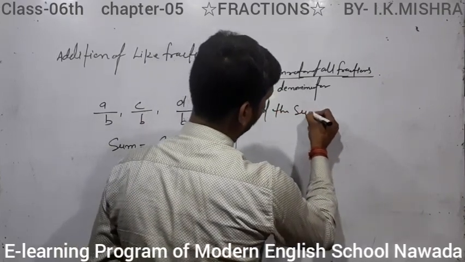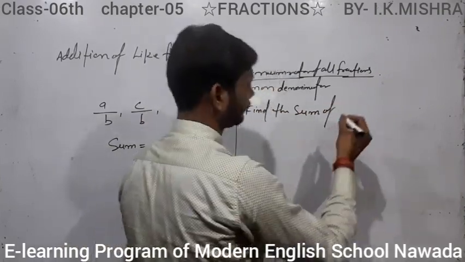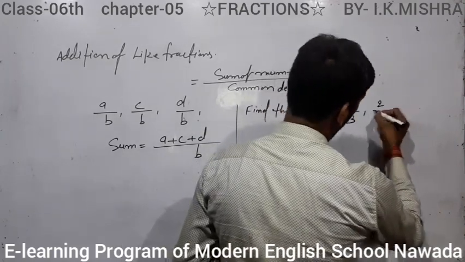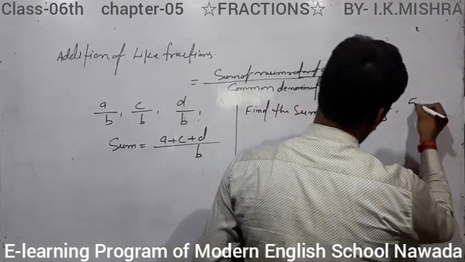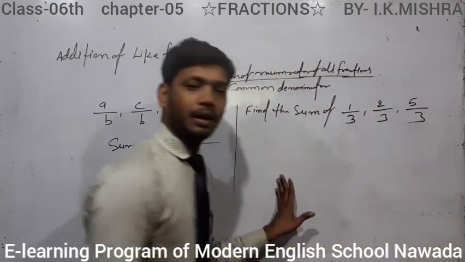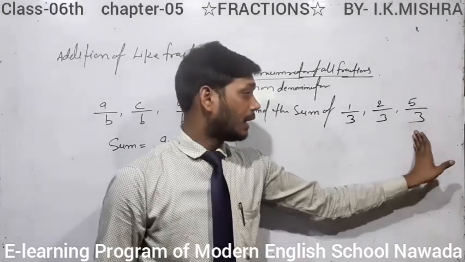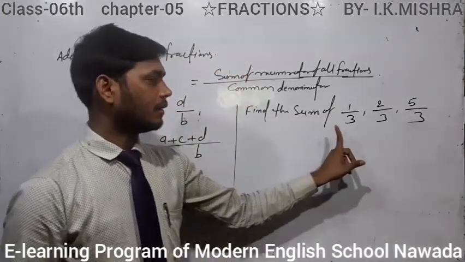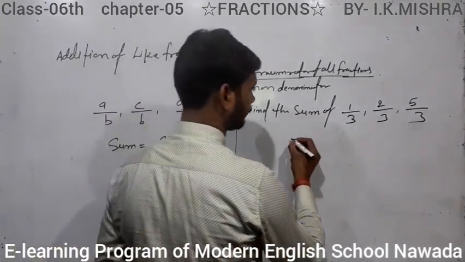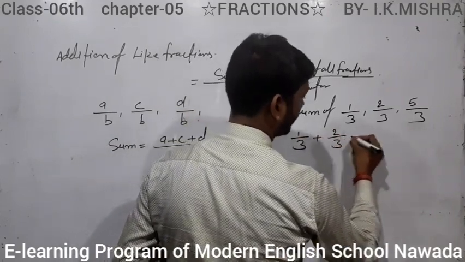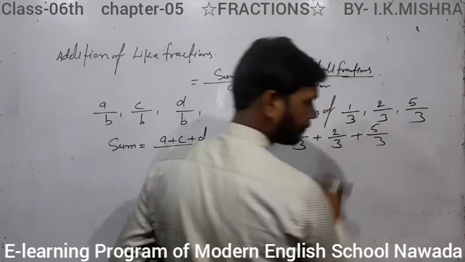Suppose we find the sum of 1 by 3, 2 by 3, 5 by 3. All of these are like fractions, and the sum is 1 by 3 plus 2 by 3 plus 5 by 3.